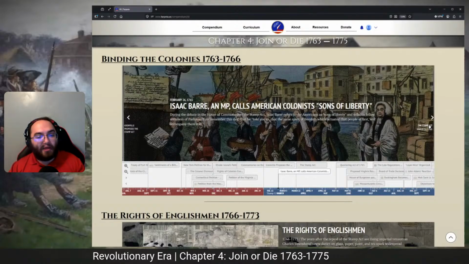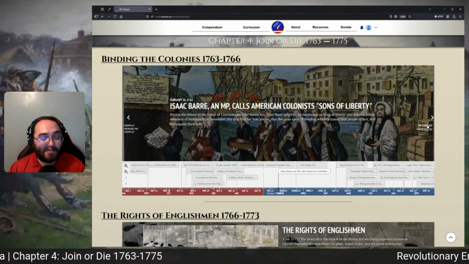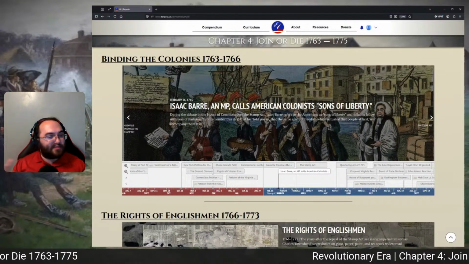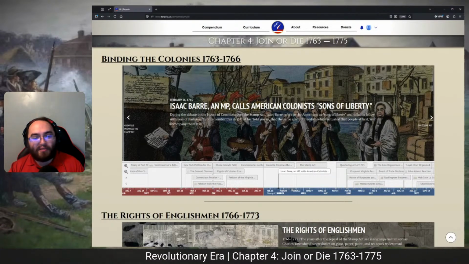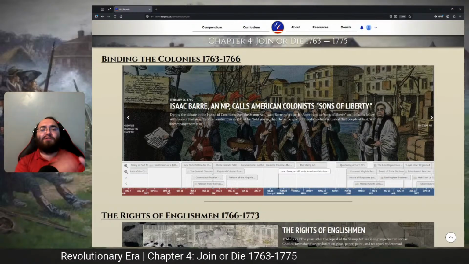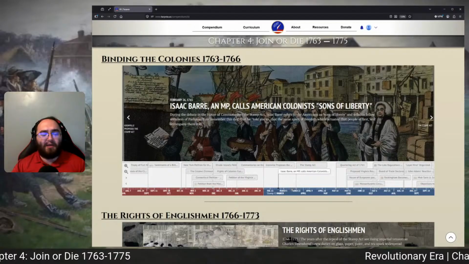Isaac Barre and many other members of Parliament are against the Stamp Act. So how this history is taught, you have people saying that it's just Parliament imposing all these policies on the American colonies, and Parliament does not care.